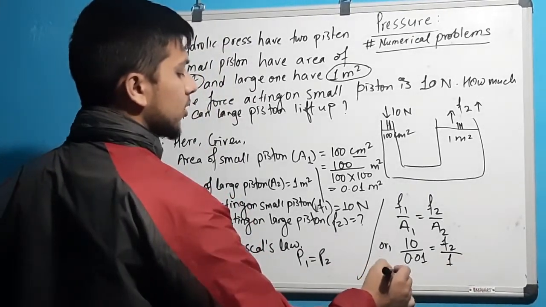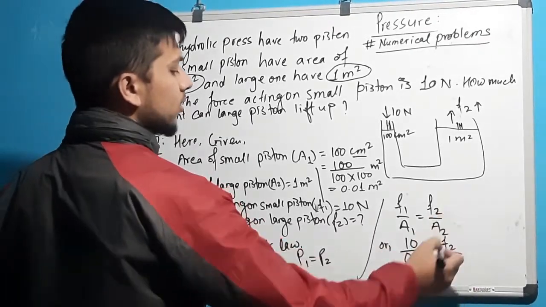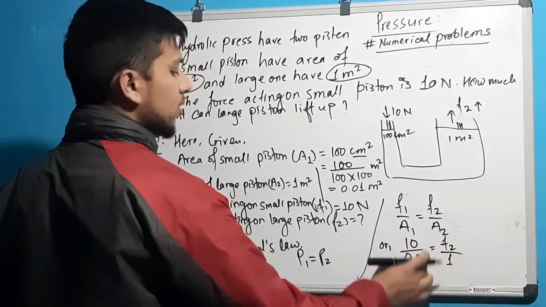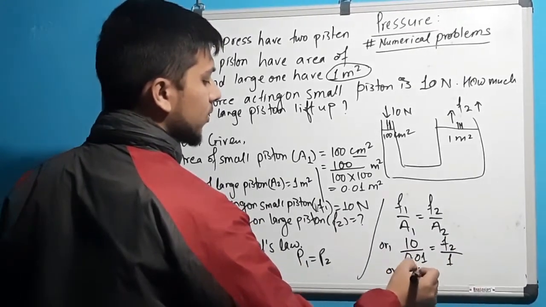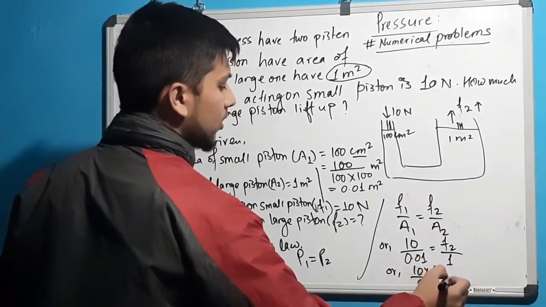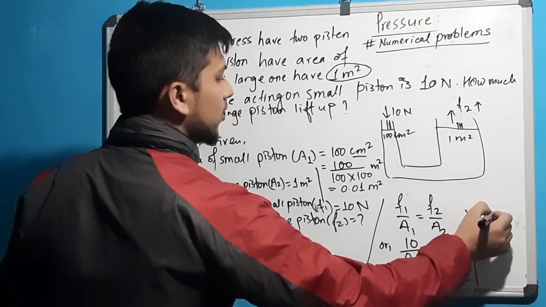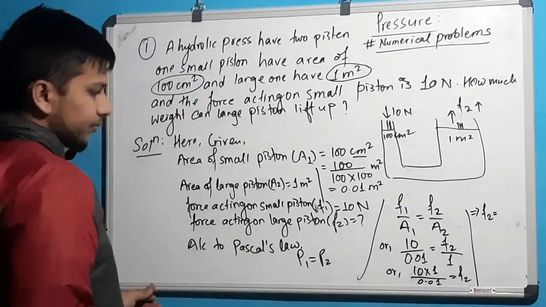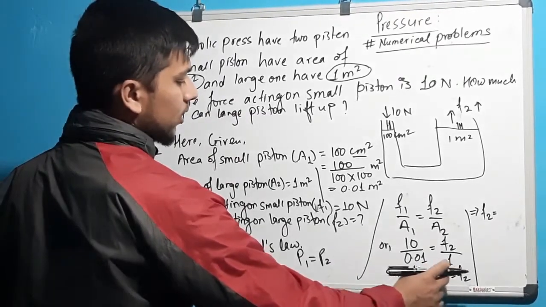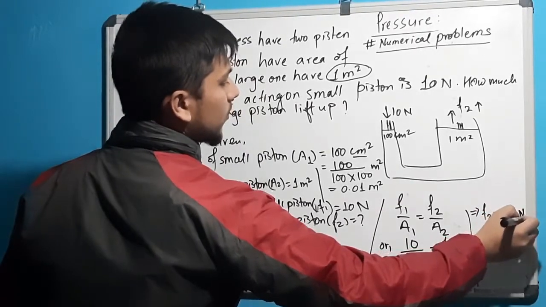And you have to make a cross multiply. 10 into 1, F2 equal to, के भन्नु भयो त F2 यता बच्छ, 10 into 1 upon 0.01 equal to F2. That implies F2 equal to how much? 10, you have to make this 1 by multiplying 100, then this will be 10 into 100 means 1000 Newton.